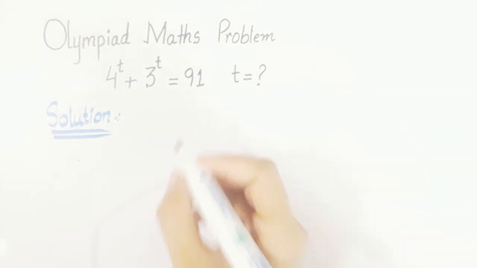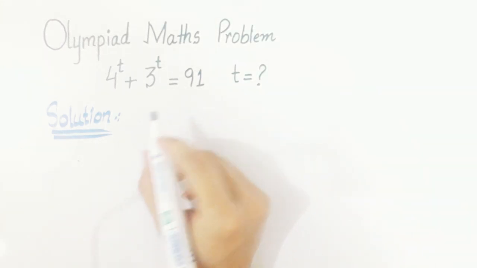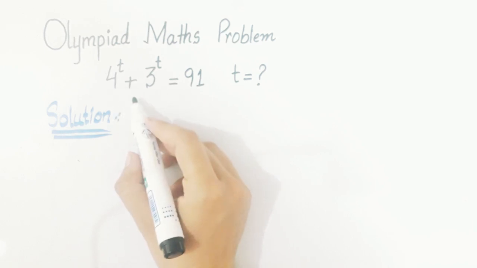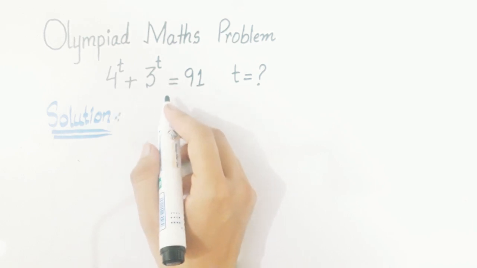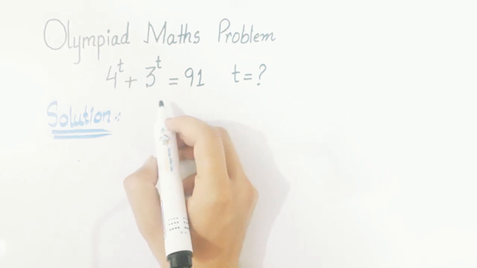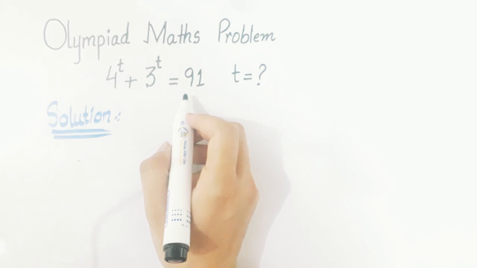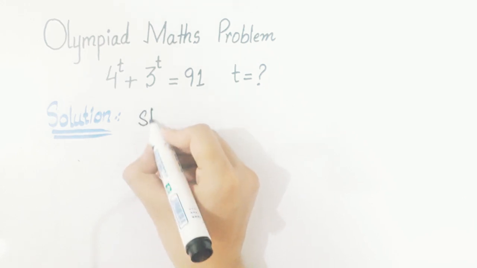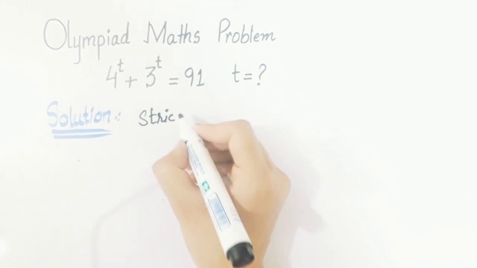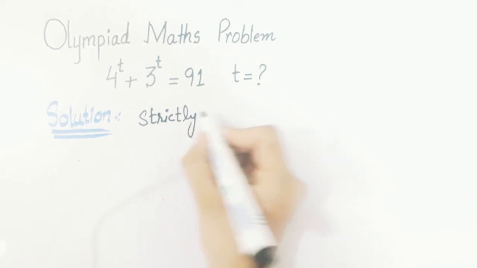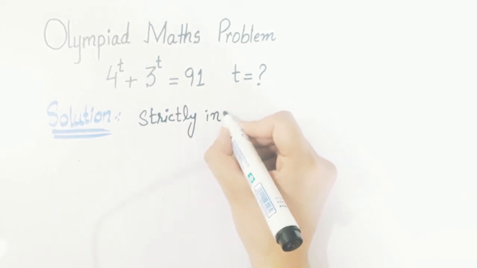So, we will solve this. We can see the function is 4 raised to power t plus 3 raised to power t. Since the bases are greater than 1, this is a strictly increasing function.